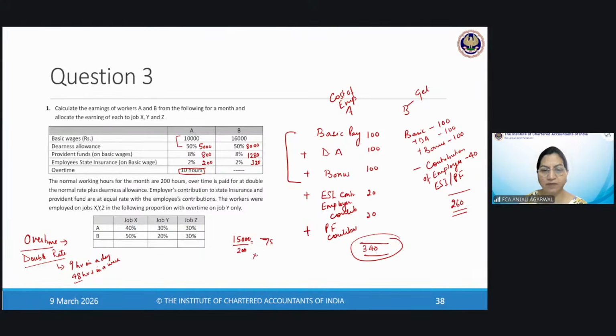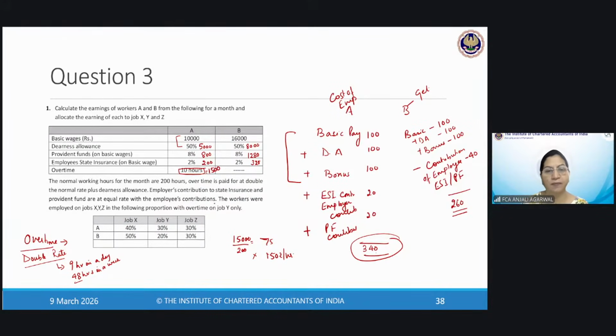But because overtime is paid at double the rate, overtime will be paid at 150 rupees per hour. So in 10 hours, overtime cost would be 1500. Employers' contribution to ESI and Provident Fund are equal along with the employees' contribution.